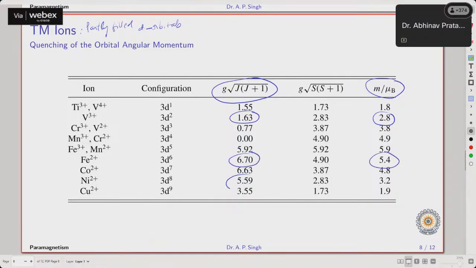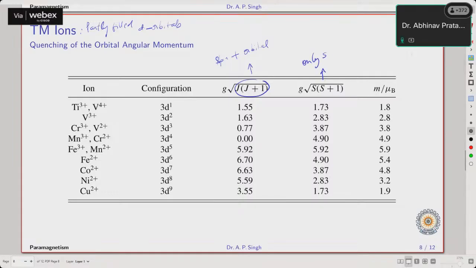So these values will not be agreeing with each other. But what does happen is, instead of taking the value of J, which contains spin and orbital both, if you take only spin, meaning you just neglect the orbital part, and now you compare the values, you will find that the values are in a better agreement with each other.